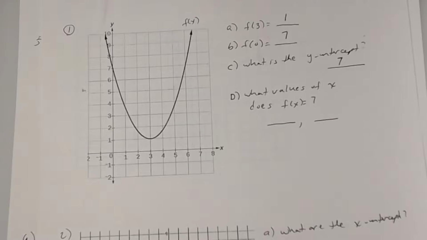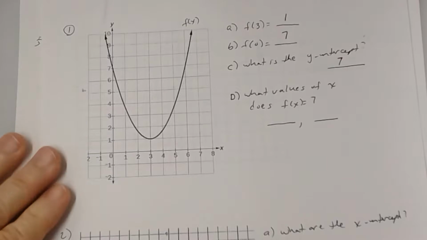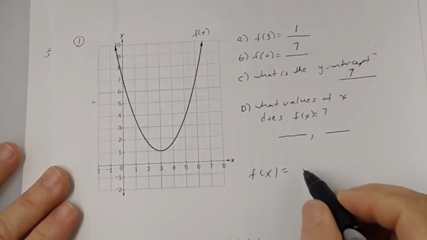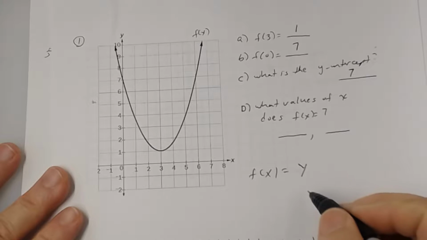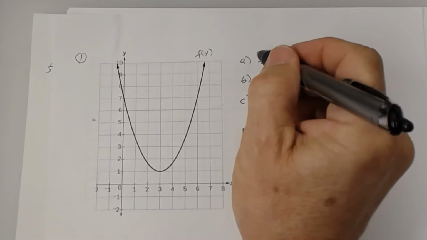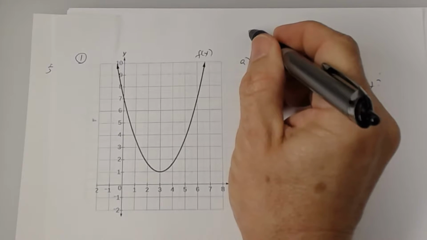All right, now here's the new idea. What values of x does f of x equal 7? Now remember, f of x means the same thing as what idea? Y. All right, so when I found f of 3, I asked myself, what is the y value when x is 3?